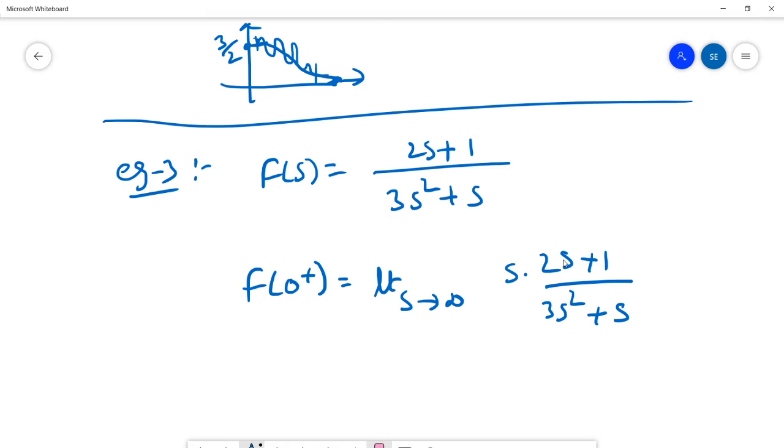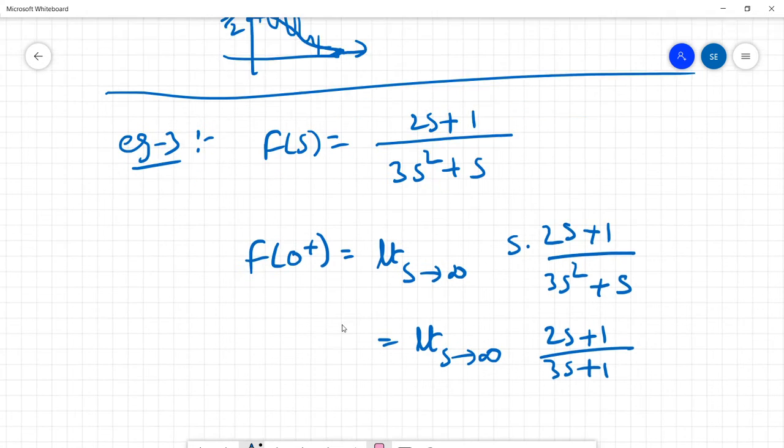In this problem we take only one s common outside. Limit s tends to infinity. If you take one s from here, the function turns into 2s plus 1 divided by 3s plus 1. So just apply infinity to this function, infinity by infinity.